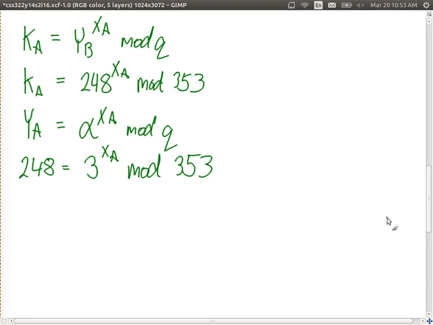What's the step to solve that? We've got an exponential mod something. What's the opposite? A logarithm, or a discrete log, we call it. When we have a modular exponentiation, the inverse is a discrete log. And we write it as: the index Xa equals the discrete log, dlog, in base 3 mod 353 of 248.